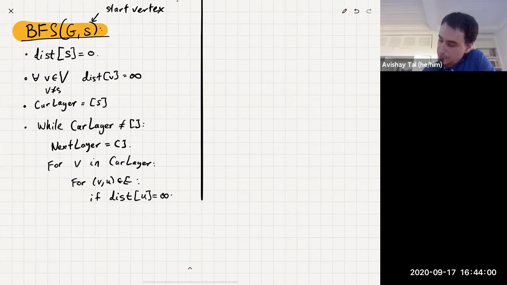If the distance is infinity, it means that we haven't found a way to reach U yet. So if this is the case, then we update the distance to U to be the distance to V plus 1. And we append U to the next layer.